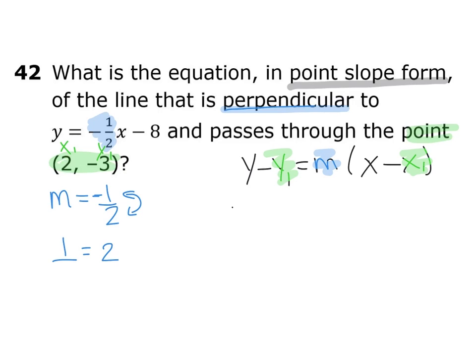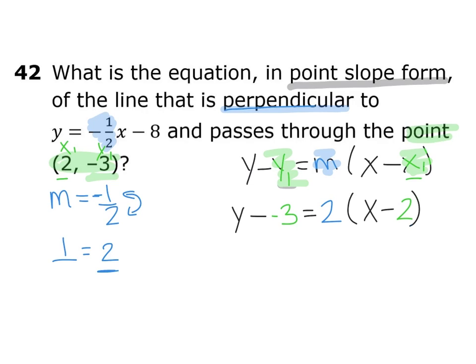So our equation is going to be y minus the y value, which we have is negative 3. So even though there's a minus, you still have to go ahead and put the negative. Equals our slope, which we have is 2 from here. Parenthesis x minus, and then we have our x value from the point, which is 2.